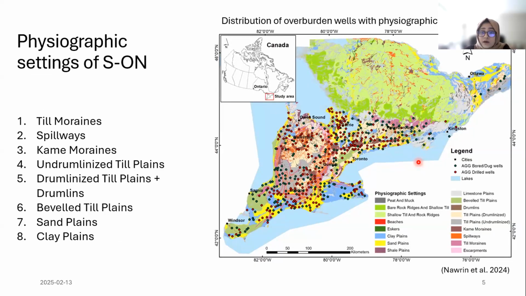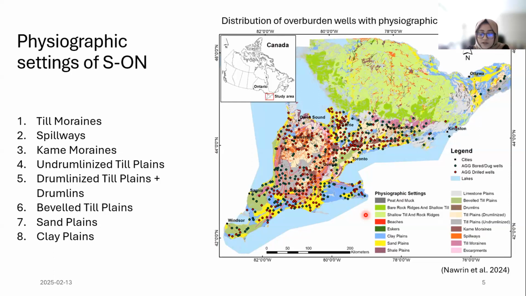Another main data we used in this study was the physiography of Southern Ontario, which was shaped by the last Quaternary glaciation and left behind a number of landforms that contain very complex and heterogeneous unconsolidated overburden sediment, such as till, sand, gravel, silt, and clay. The 17 physiographic settings shown in this map were defined based on the superficial geology and topographic characteristics of the area.